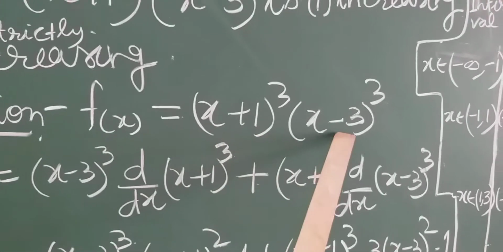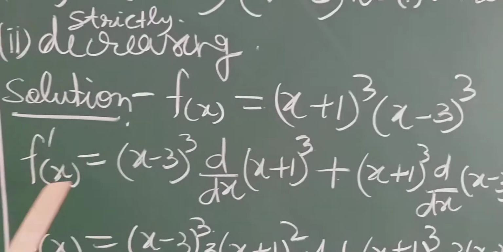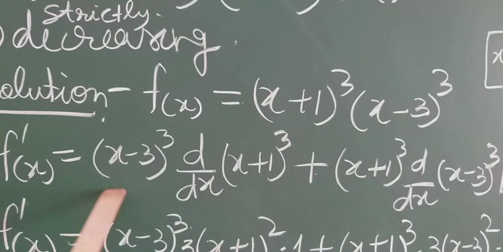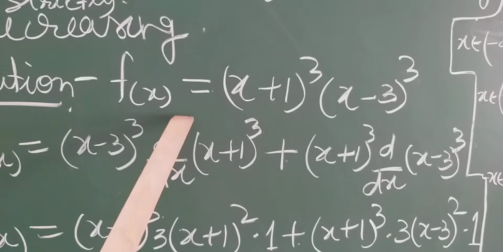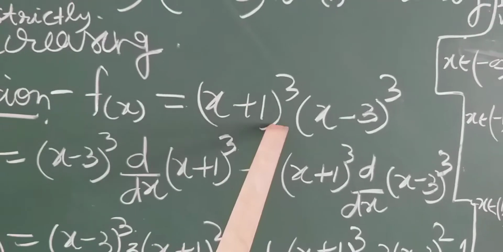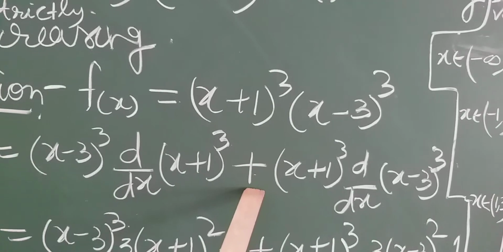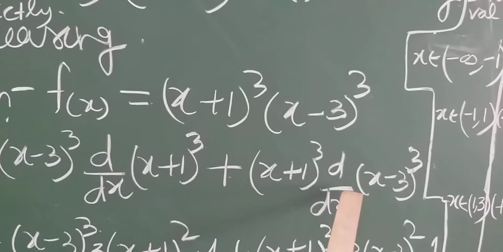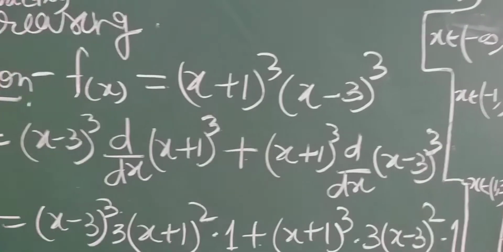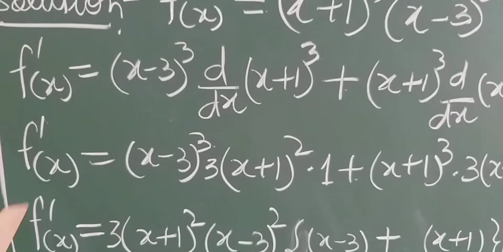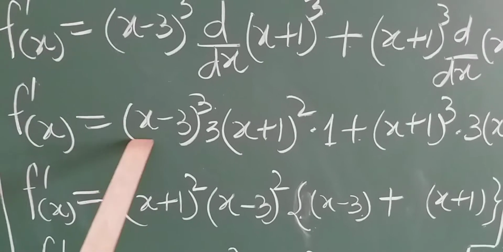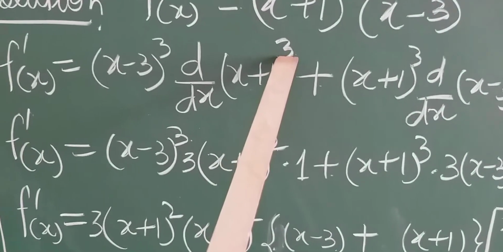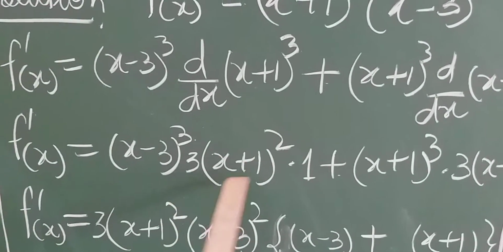We have to use the product rule here. So f'(x) equals (x minus 3) whole cube as it is, times the derivative of (x plus 1) whole cube, plus (x plus 1) whole cube as it is, times the derivative of (x minus 3) whole cube. So f'(x) equals (x minus 3) whole cube as it is, its derivative 3(x plus 1) whole square.